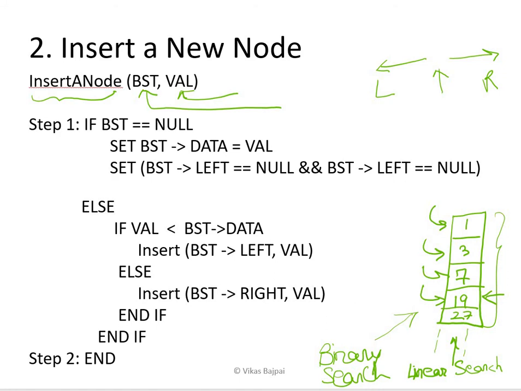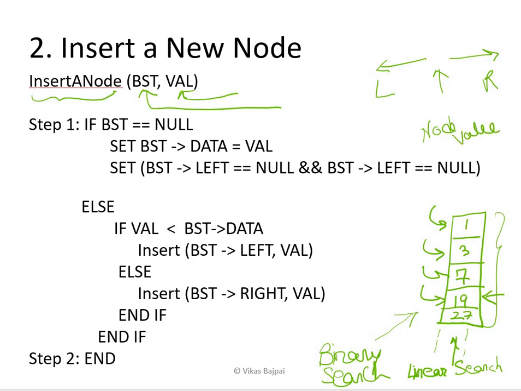So in case of a binary search tree, the funda is almost similar. Once again, I have to move towards left or right, and that would be based on a particular node value.